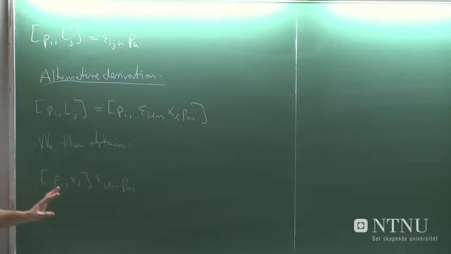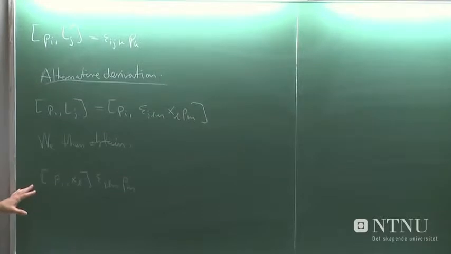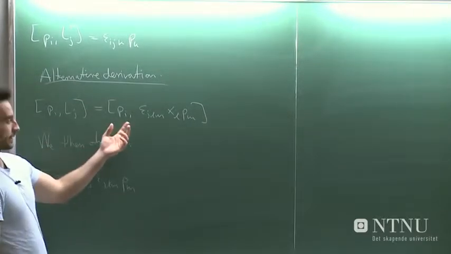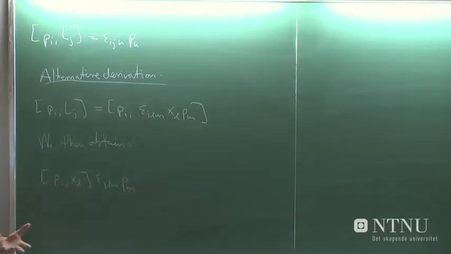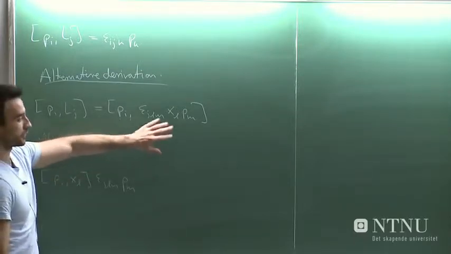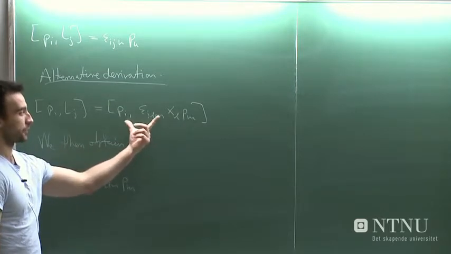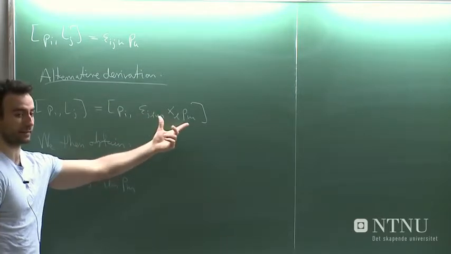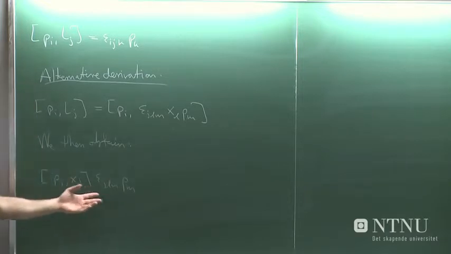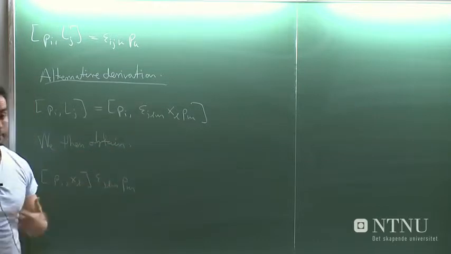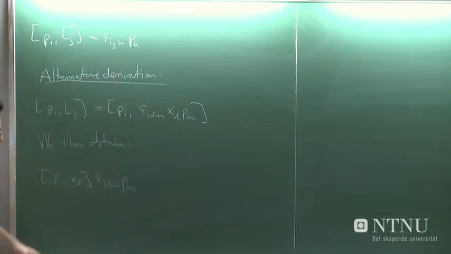By using one of these properties of the Poisson bracket, namely that the bracket of two components of the momentum is 0. So there are in general two contributions from this bracket, one due to the bracket from p and x and one from p and p, but the one from p and p is 0. So this is the only finite contribution. For this purpose, epsilon and p may be considered as scalars, so we just move them outside. Now this Poisson bracket has a simple form.